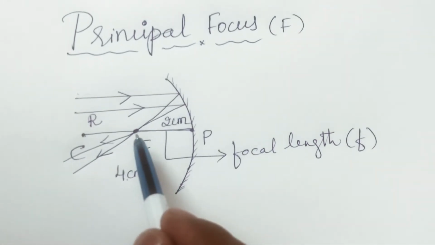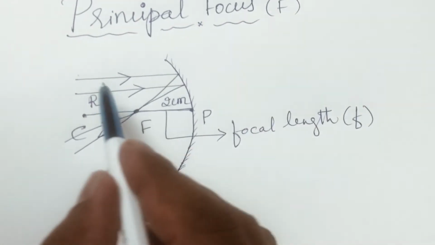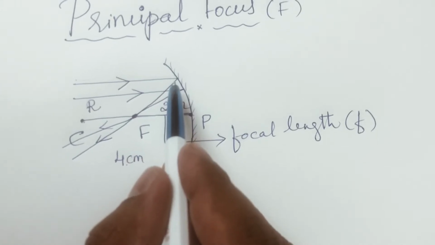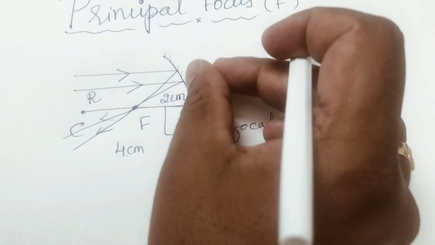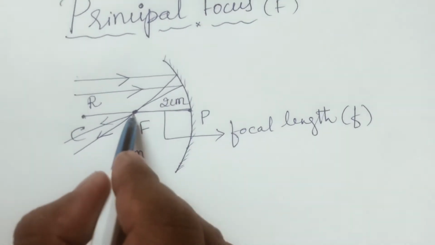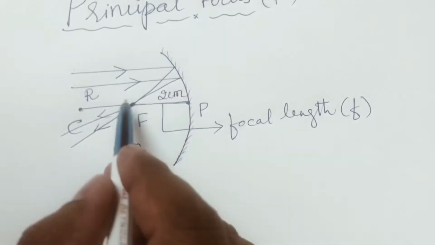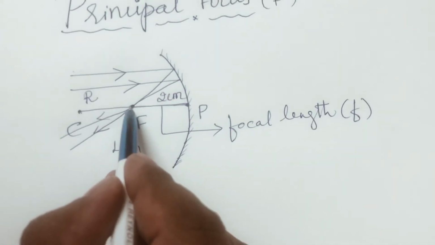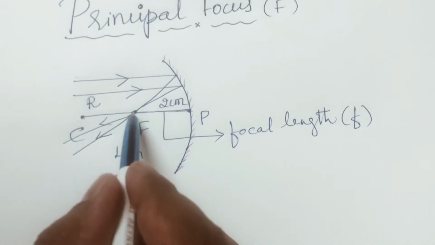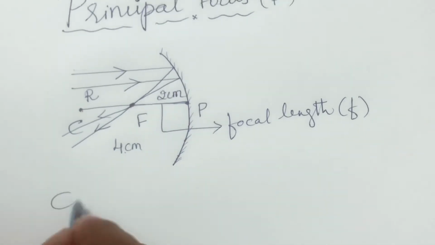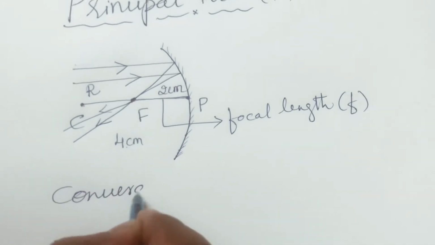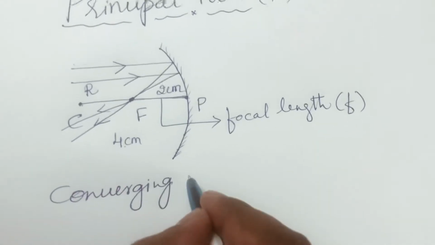And remember one more important point here. Whenever the light ray is coming parallel to the principal axis, after reflection it will pass via the focus. So basically all reflected light rays will gather at this point. So we will call this mirror a converging mirror.